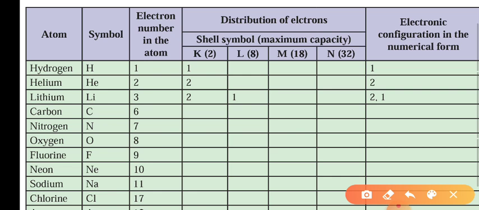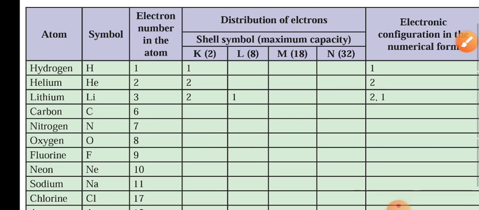Oxygen has 8. So here 2 will come. After that, how many are left? 8 minus 2, 6 are left. So here 6 will come. It can hold 8, no problem in that.